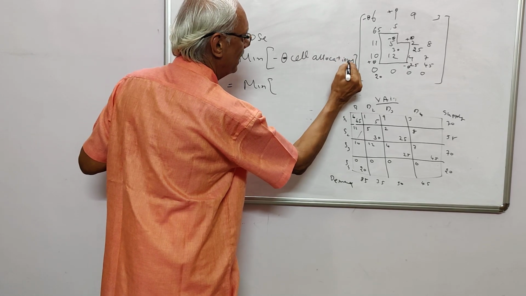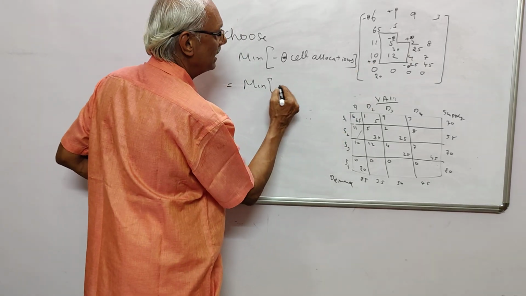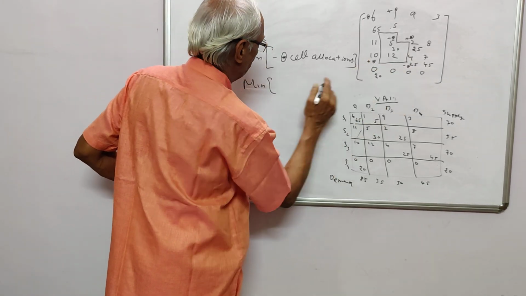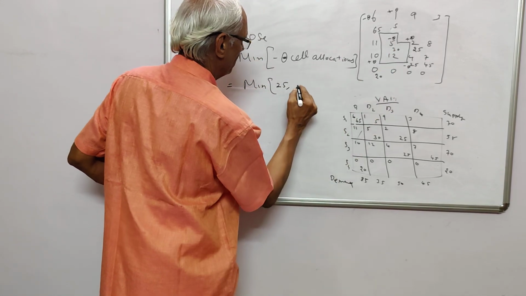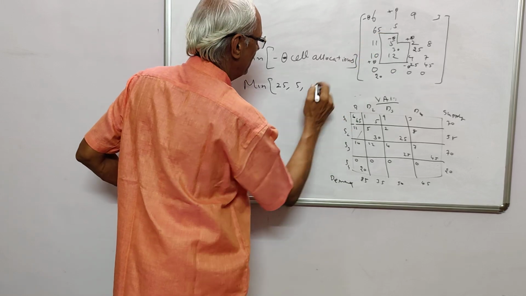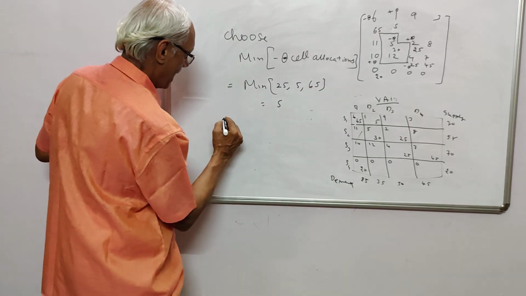Minus theta cell allocations. Now what is that minus theta cell allocations? Here it is 25. Here it is 5. Here it is 65. So the minimum is equal to 5.